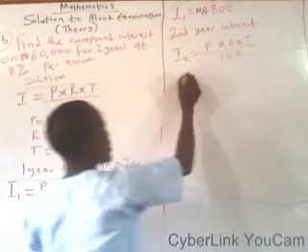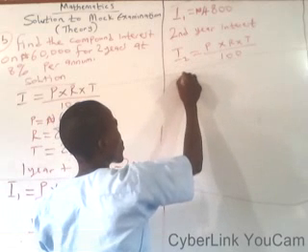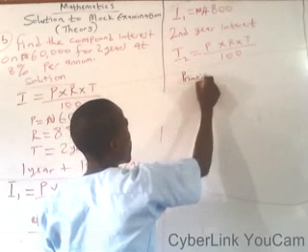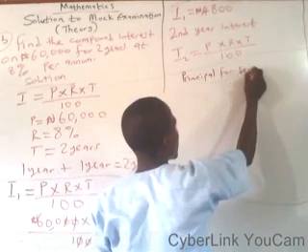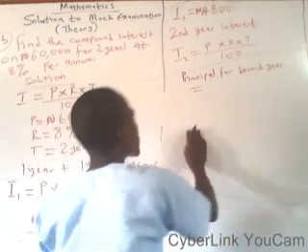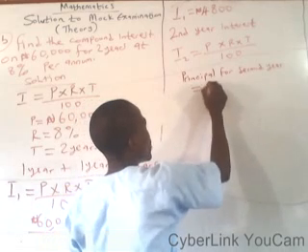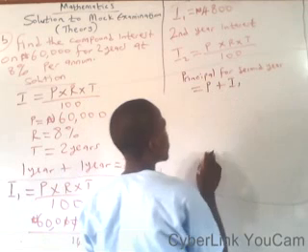The principal for the second year is equal to the original principal plus the I1.